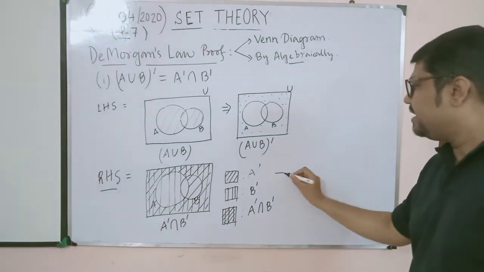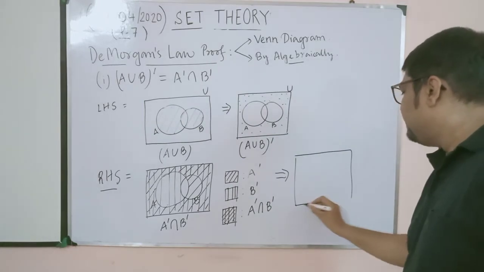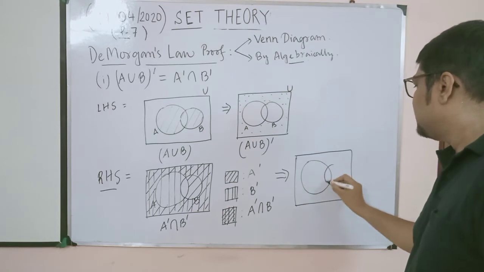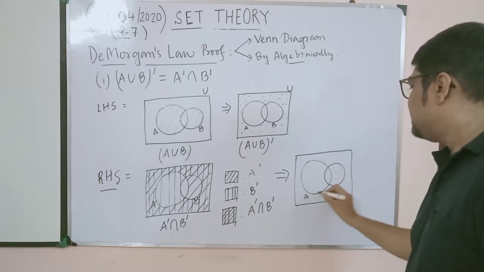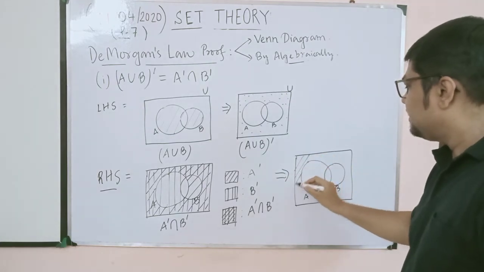If we draw it more freshly, we will get something like this. If this is A, this is B, we will get something like this.